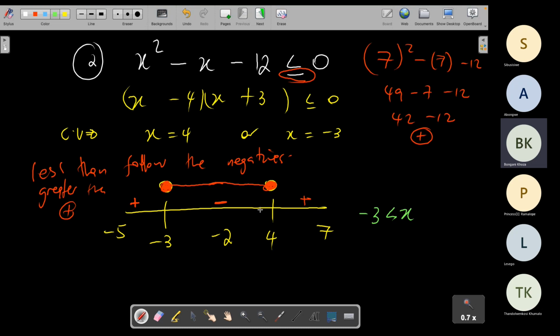And from 4 going that side, they are less than. So we are saying x is greater than -3 and x is less than 4. But we have shaded, so that means these are also included.